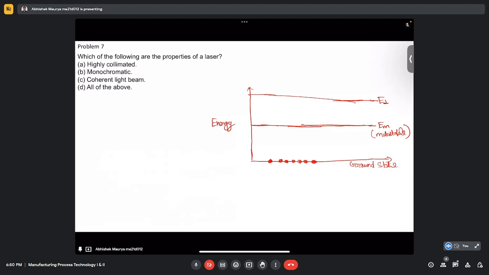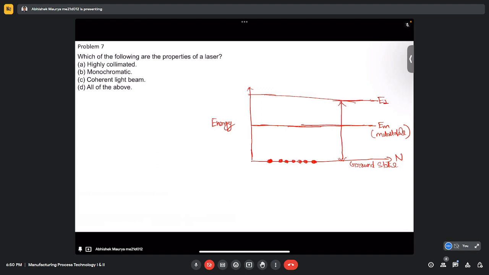Whatever the number in the ground state, let's call it n. And suppose we are providing some energy, and that energy is exactly the same as this difference between the ground level and energy level 1, the excited state.